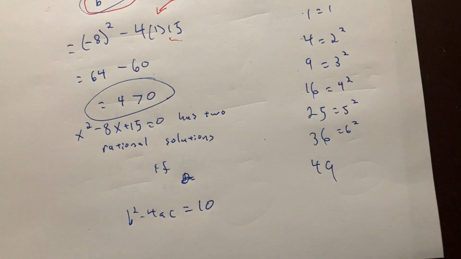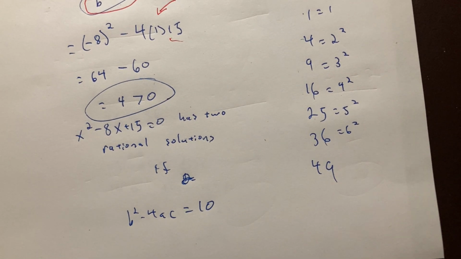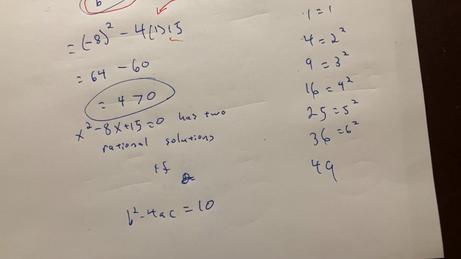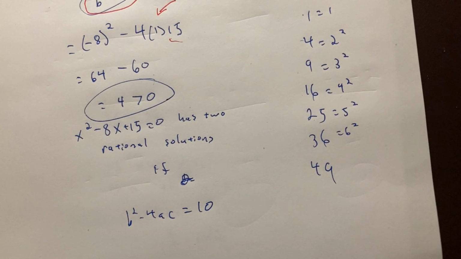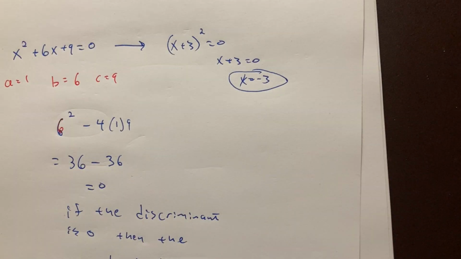But square root of 10 isn't really a thing, square root of 10 is just square root of 10. You could plug that into a calculator, get a decimal, prove me wrong. An engineer could cut up a log to be 3.1 something inches or whatever the case might be, and the world would be fine. But your solution would be irrational. You'd have a radical. Let's look at the third case and let's wrap this bad Larry up.